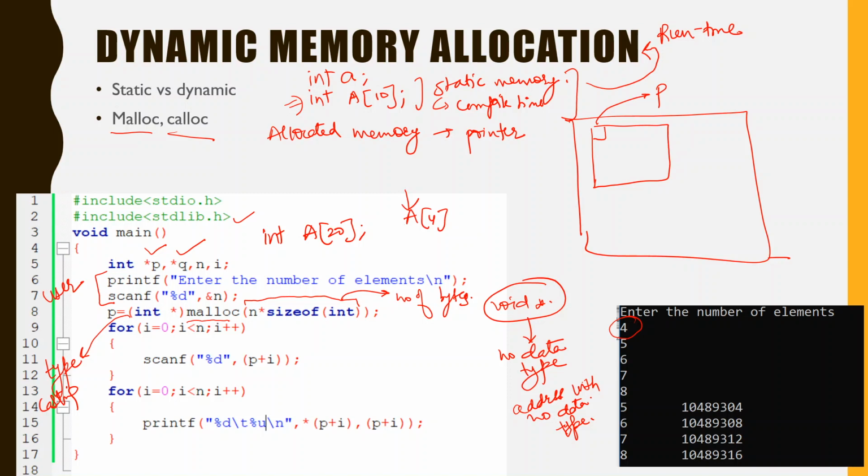Now this complete memory block is identified with the help of the p variable. You can also see that it is integer-converted type of memory. So p denotes the base address of the first integer that is going to be stored.